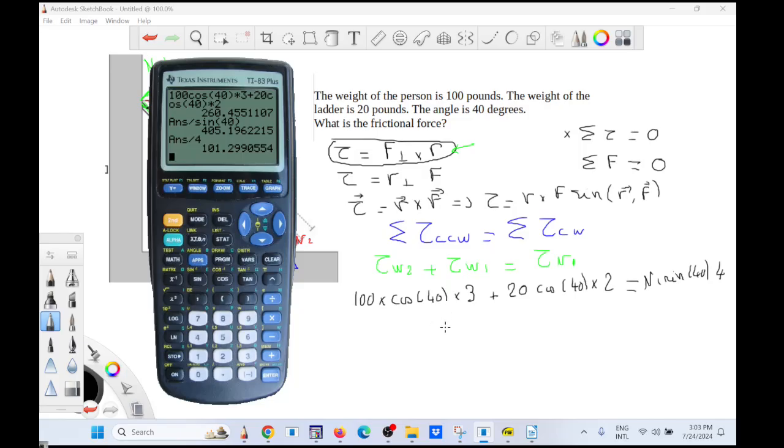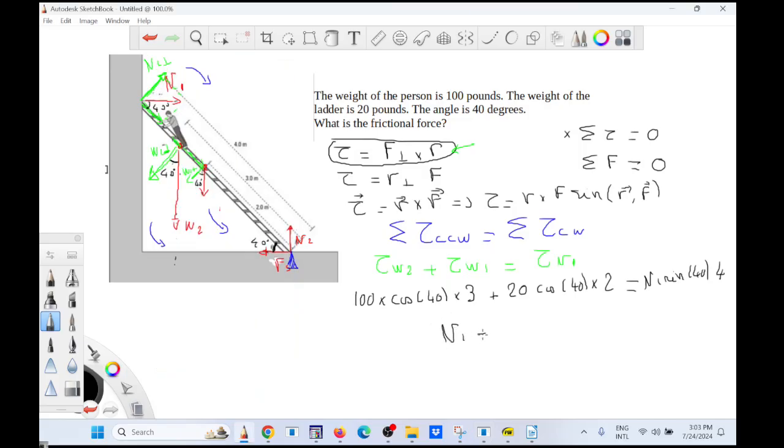So N sub 1 equals 100 Newton. Okay, there is one significant figure, so I take 1. So it's about 100. Okay, but do not forget that I'm trying to find the static force here.